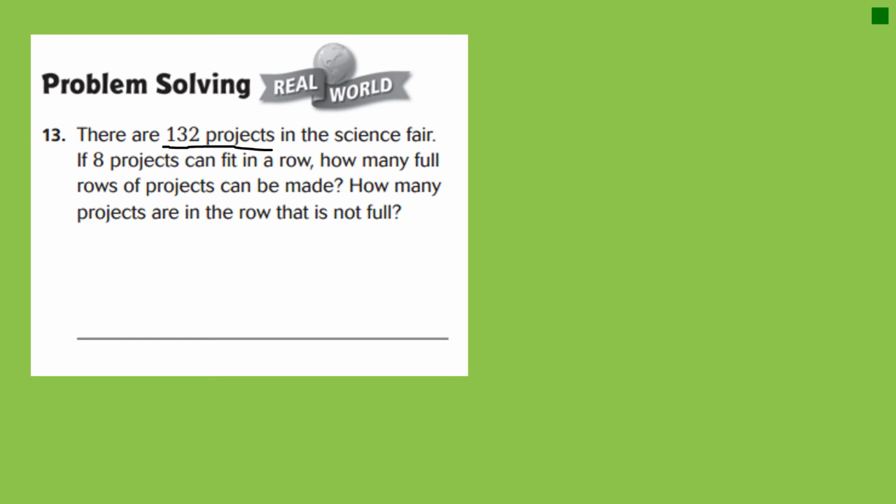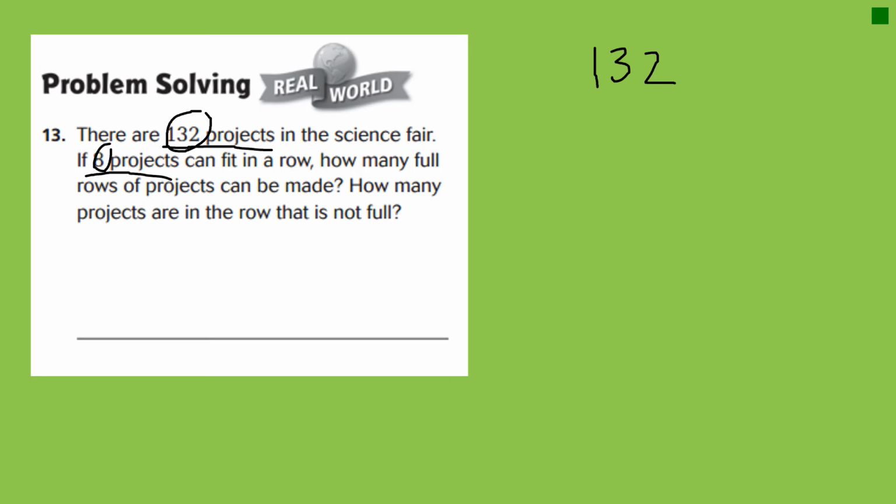Oh, this is a 2-part problem, huh? So let me go back here. I have 132 projects. So there are 8 projects in each row. How many full rows of projects can be made? So we have 132, right? How many are in a row? 8. 8 are in each row.